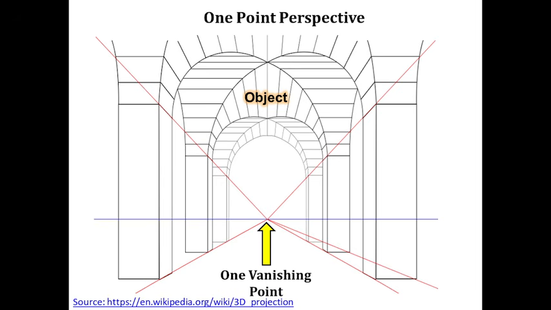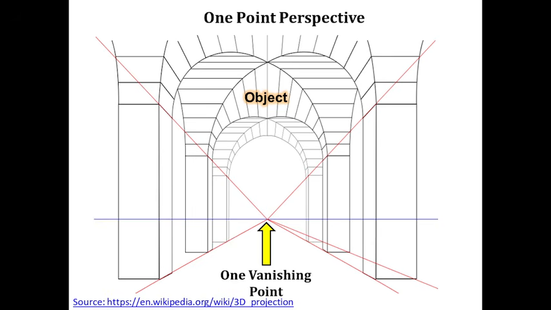One-point perspective is commonly used for drawing objects that are viewed directly from the front, such as buildings, rooms, corridors, and roads. In the next slide, we will see how the perspective view changes when the object is viewed from a corner instead of directly from the front.